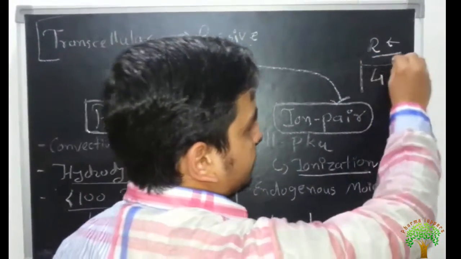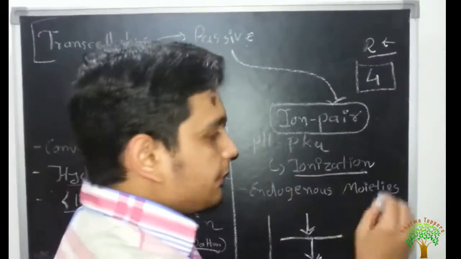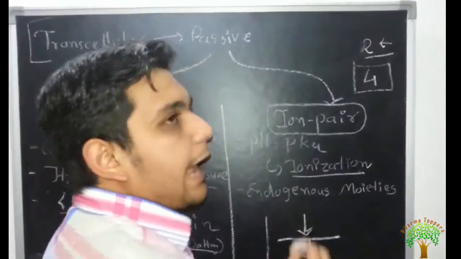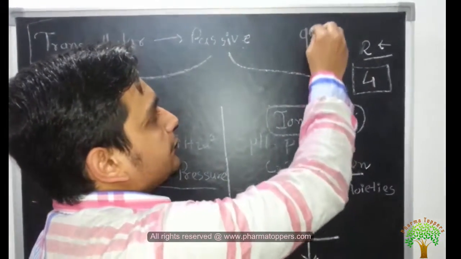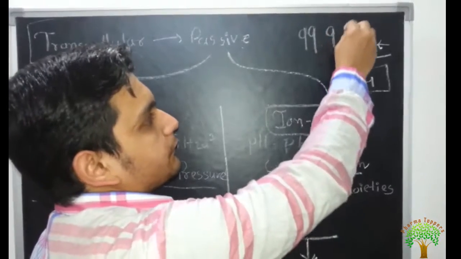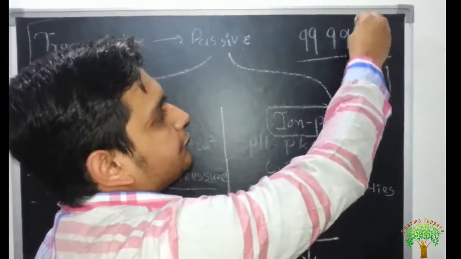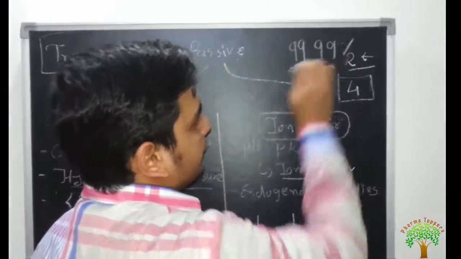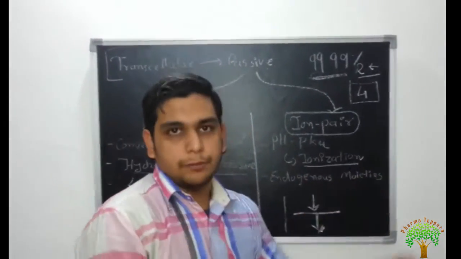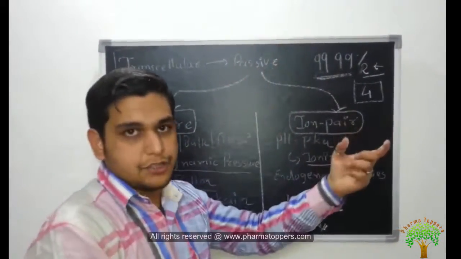So here, according to the Henderson-Hasselbalch equation, it will be 99.99% unionized form. Due to this, we all know that it will not be able to solubilize, and solubility is also one of the requirements besides unionization.